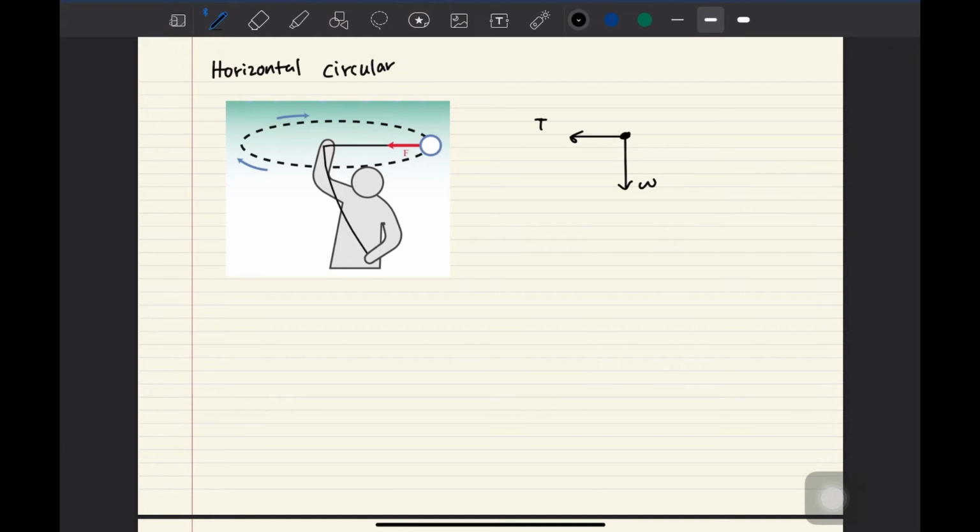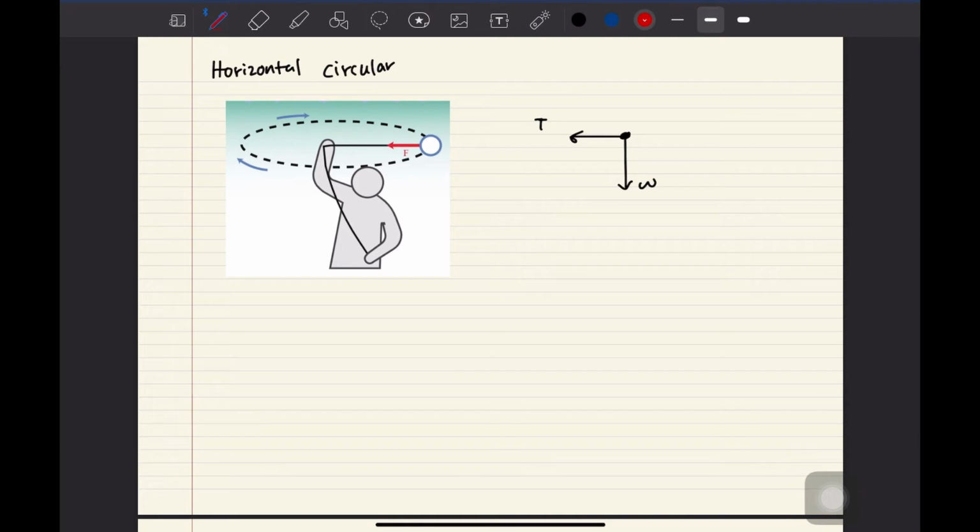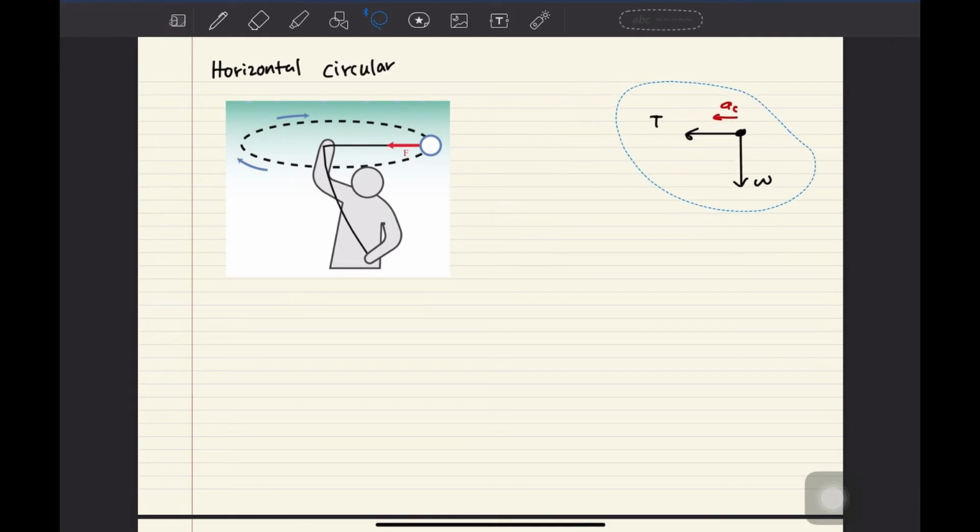Once you draw this, you need to identify the direction of acceleration. You only have the centripetal acceleration here, and it will be directed toward the center of the circle. Another key thing that you guys need to know is where your R is.